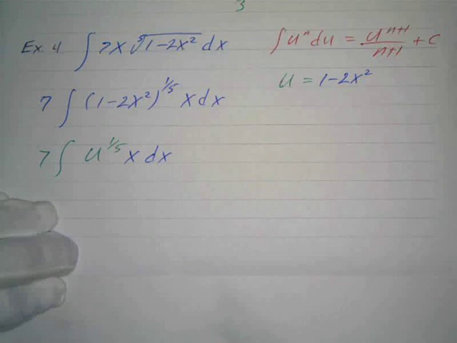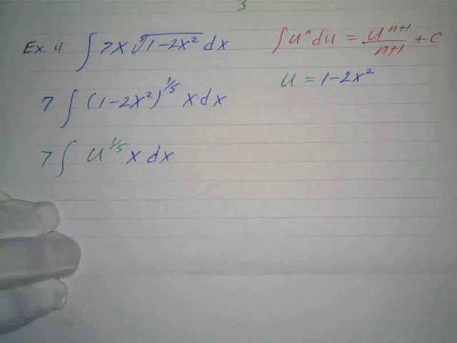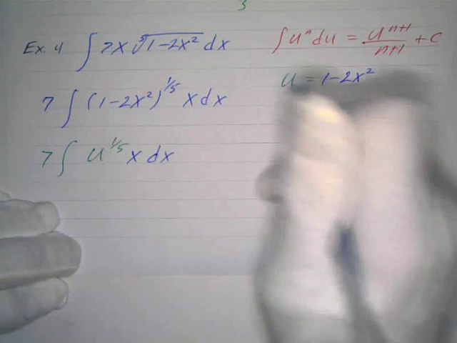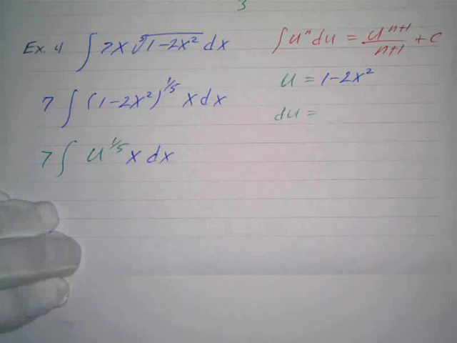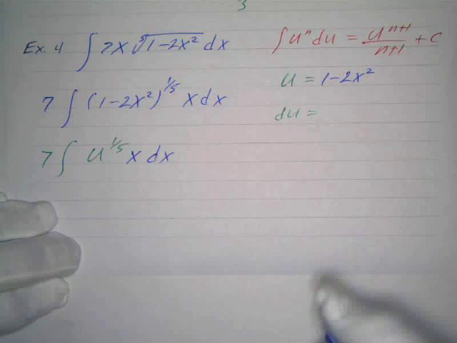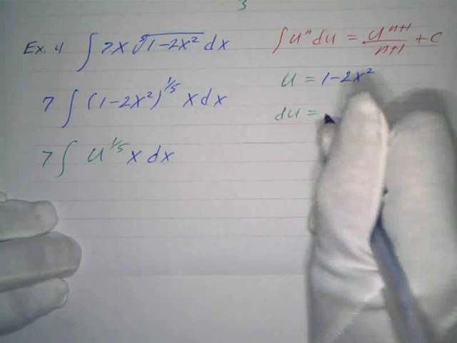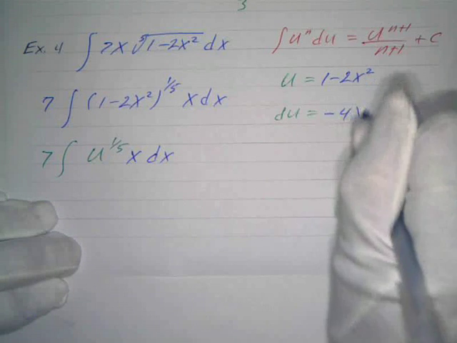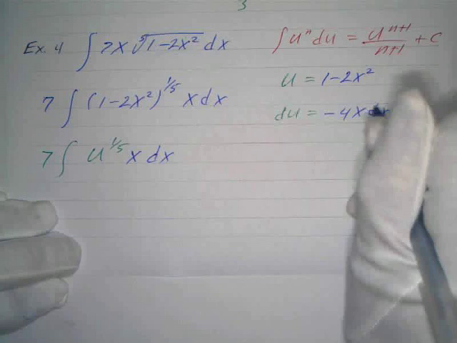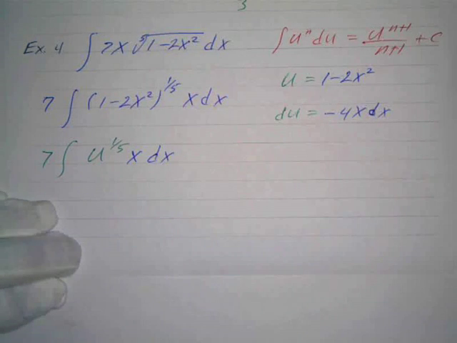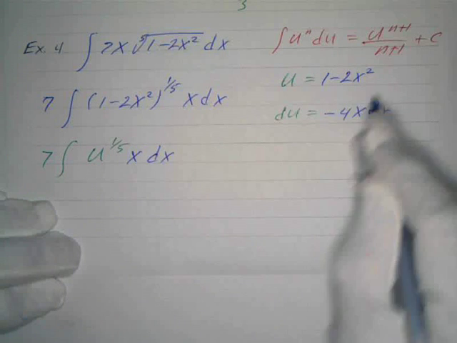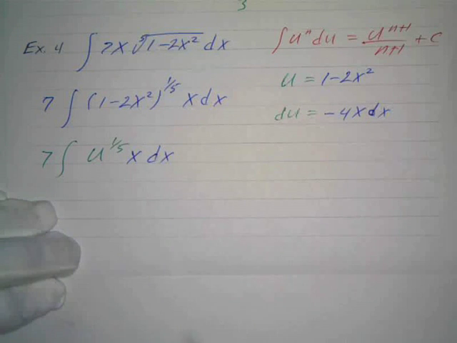So now we want to match this up. We'll find what du is so we can get the du into the form. Take the derivative of u: du/dx is the derivative of 1 minus 2x squared, which is negative 4x. We can drop the dx's on both sides. So we almost have a match.